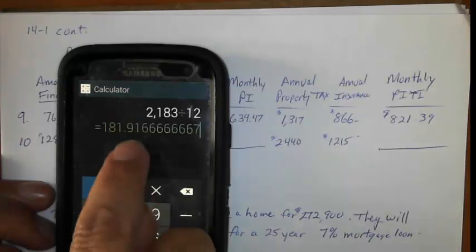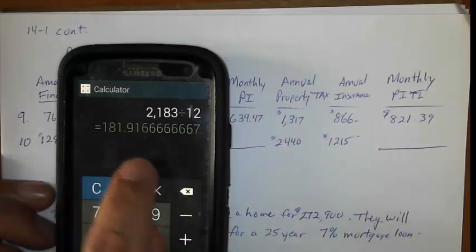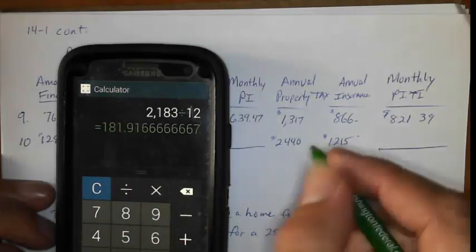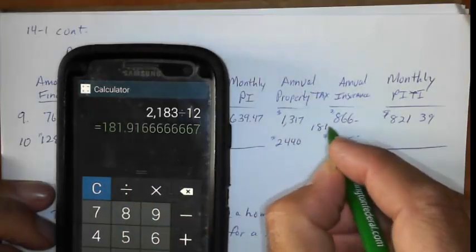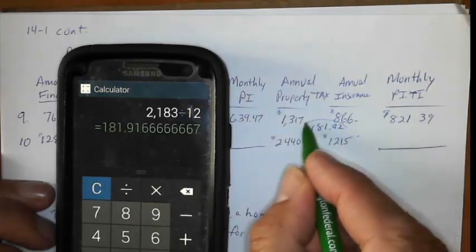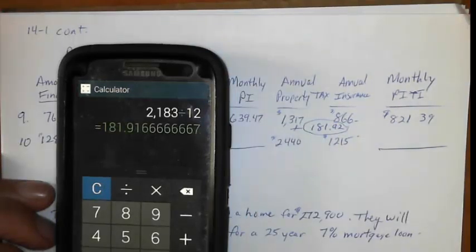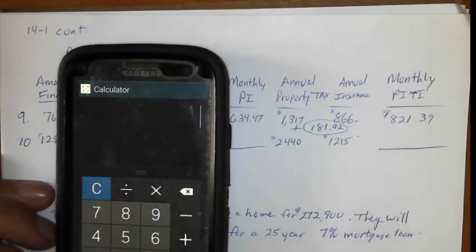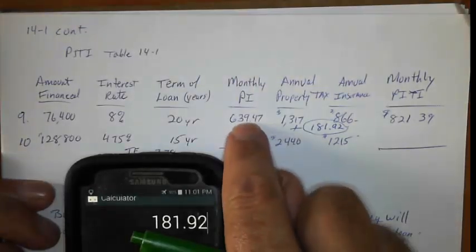Okay, so that's going to be 100 and so basically I'm going to write that down because I'm going to get rid of all those things, and they're going to round up, of course. So that's going to be an additional $181.92 a month.